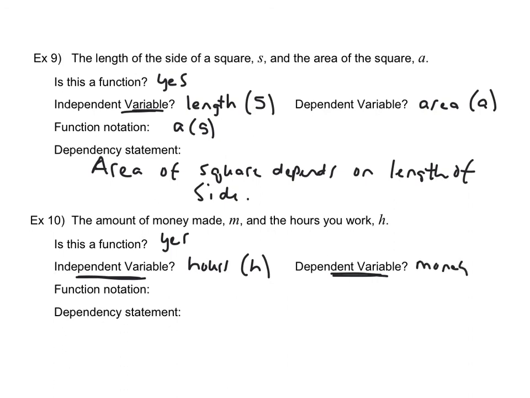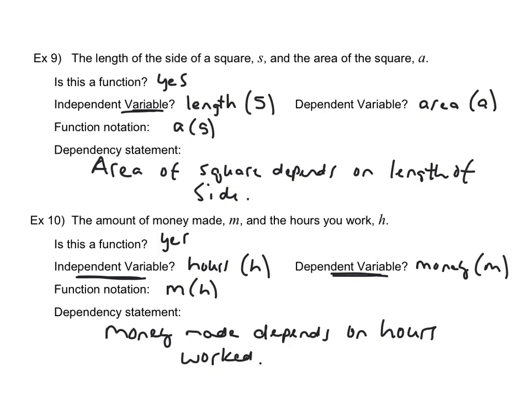And remember, money is usually always the dependent variable. So the function notation, you put the dependent first, the money, is dependent on the hours that you work. Okay, and then the way you would write that is just write it out. The money that you make is dependent on the amount of hours that you work, and you write that as a sentence. And that's how you write it.